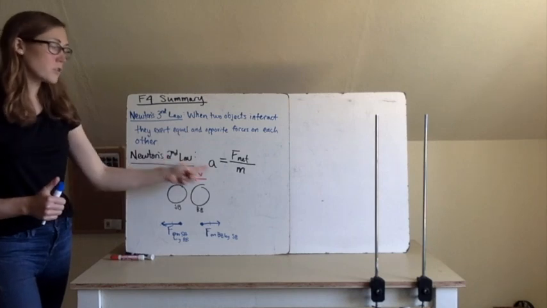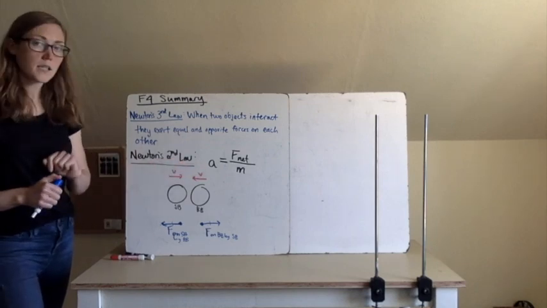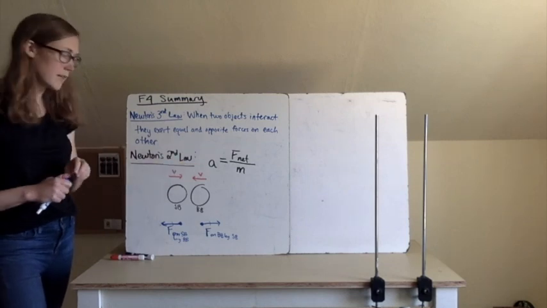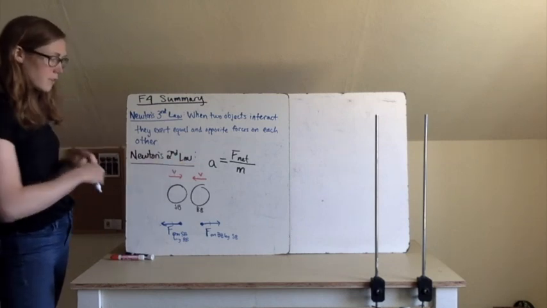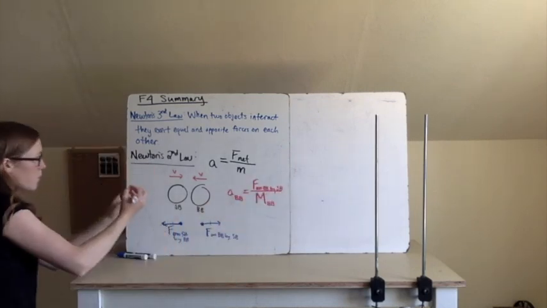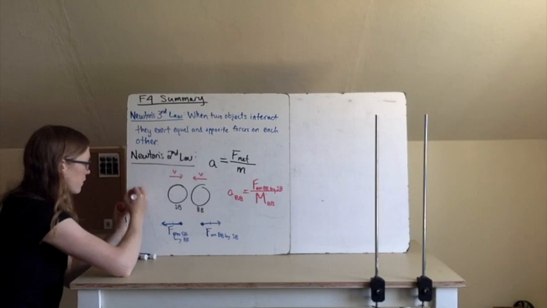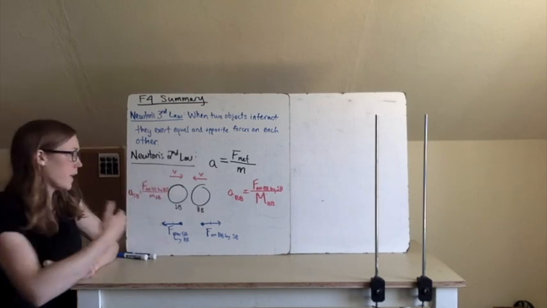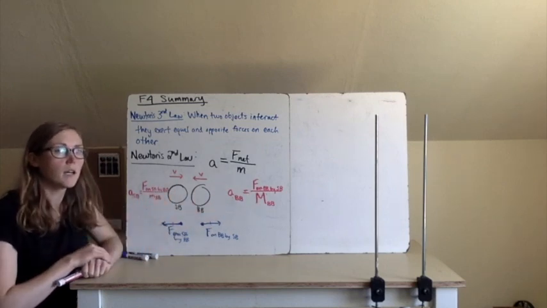However, they have very different resulting motion because the acceleration is not only related to the force, but also related to the mass. So if I look at the acceleration for the bowling ball compared to the acceleration for the soccer ball, I'm showing this with a capital M and a lowercase m.